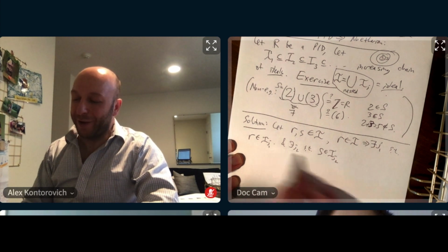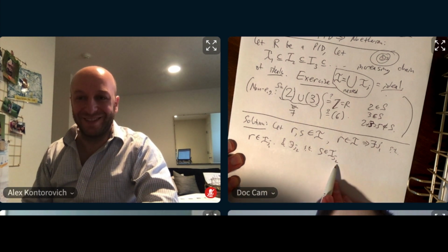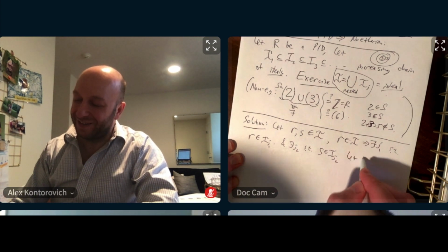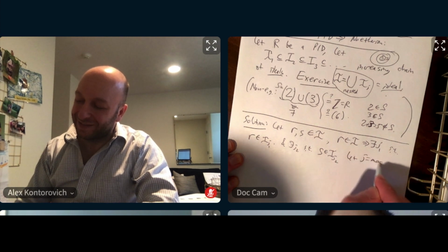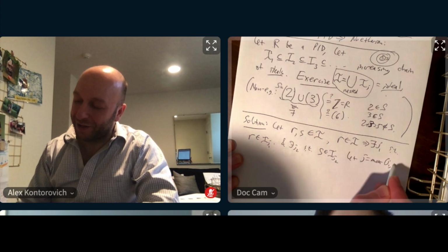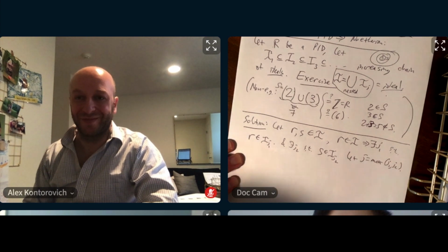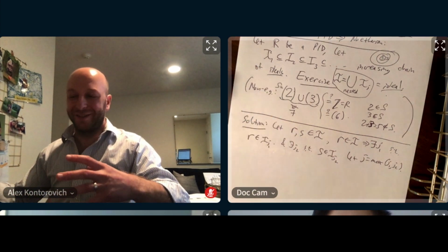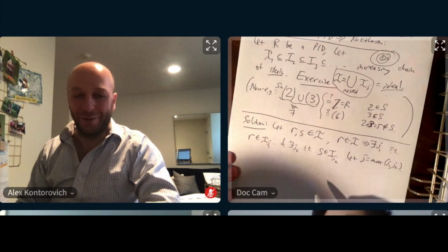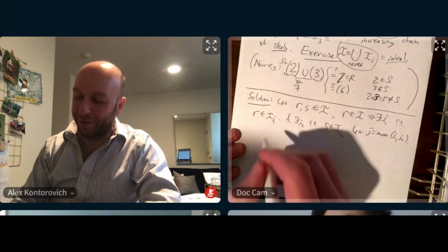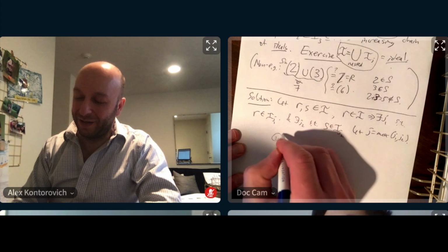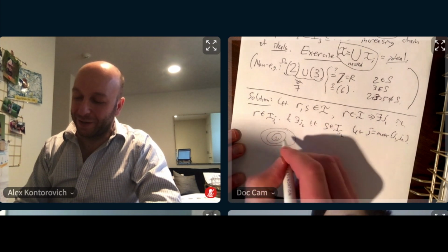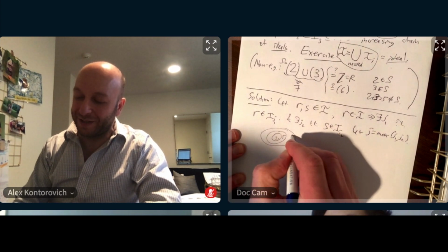Now, one of these is bigger. Let J be the max of J1 and J2. The ideals are nested, so the larger you are, the more stuff you have. In other words, let's draw a little picture. So here again is I1, I2, I3, and so on. Maybe R is here and S is here.